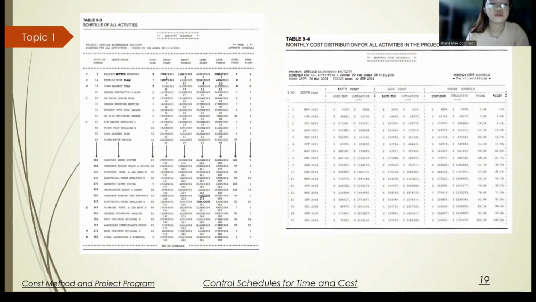However, at the end of the 11th month, 64.1% of the time, 54.3% of the costs are expected to be expended.